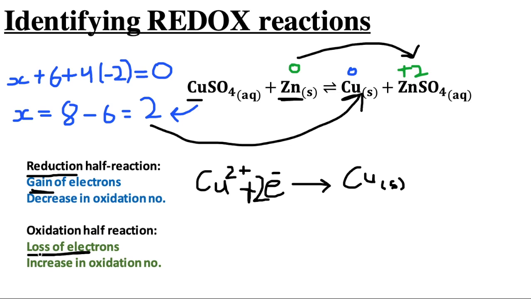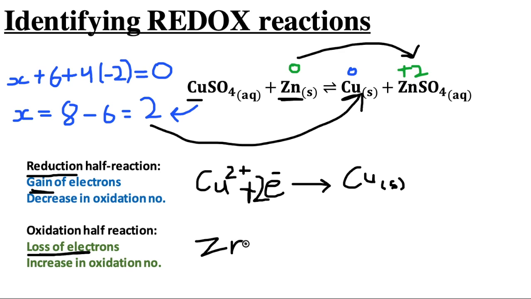So in an oxidation equation, the electrons are added to the right hand side of the equation because it involves a loss of electrons. It is identified by an increase in the oxidation number. The oxidation number of zinc increases from 0 to +2. So this represents the oxidation half reaction.